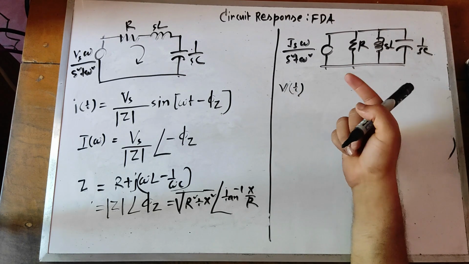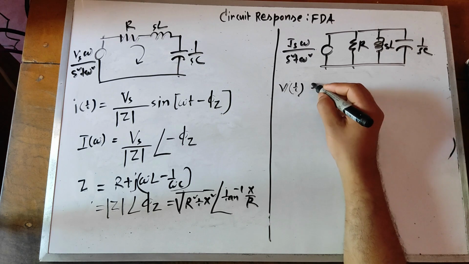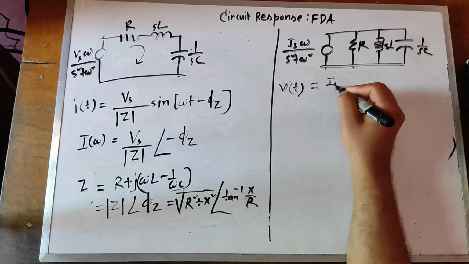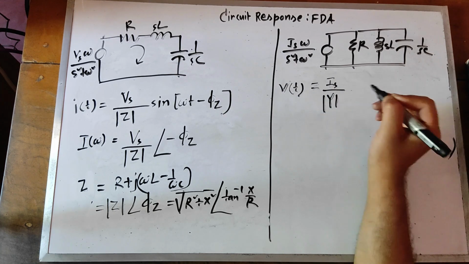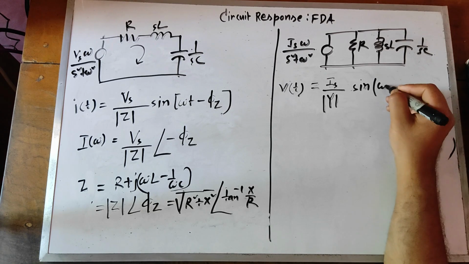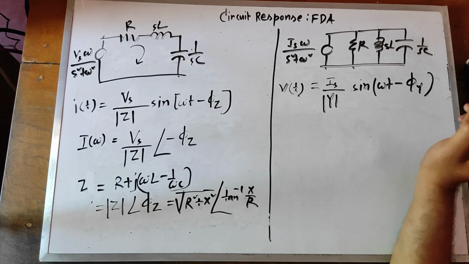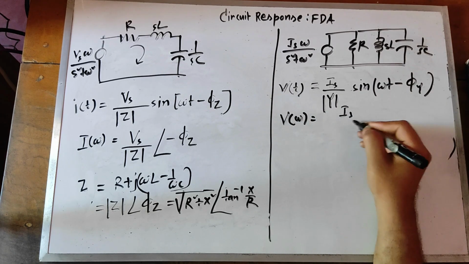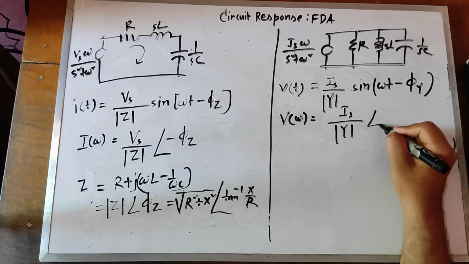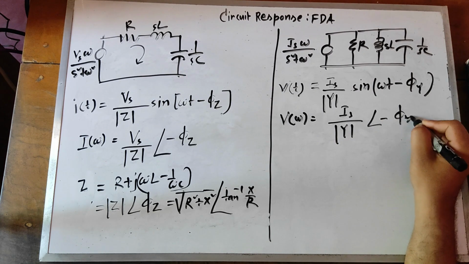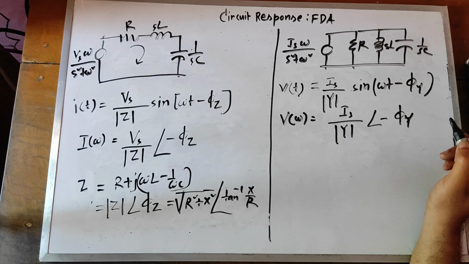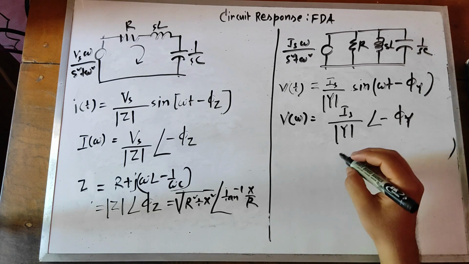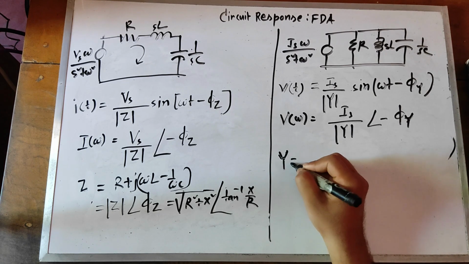After analysis in frequency domain, the time domain expression becomes, after doing the inverse Laplace transform, the magnitude of the current by admittance, sine omega t minus phi y. So in the frequency domain it should be magnitude by y, angle minus phi y. So this is approximately the phasor form in frequency domain.